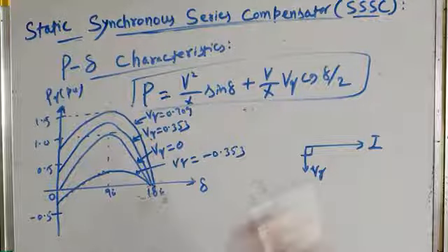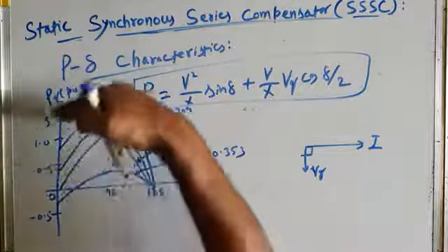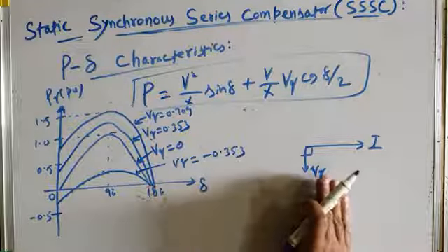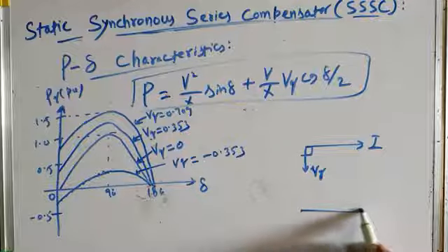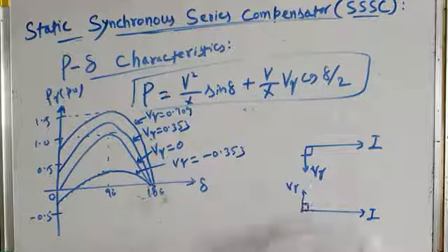It was doing series capacitive compensation, and as VQ magnitude was increased, power transmitted over the line was increased. But in the inductive region, this VQ is now reversed. If this is I, VQ is now made to lead the current by 90 degrees, or current is made to lead VQ by 90 degrees.